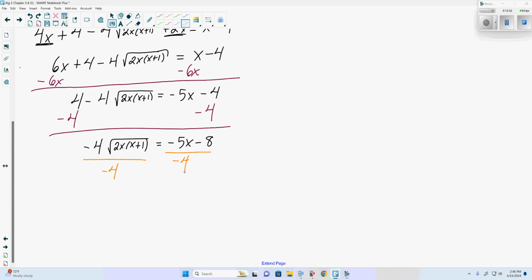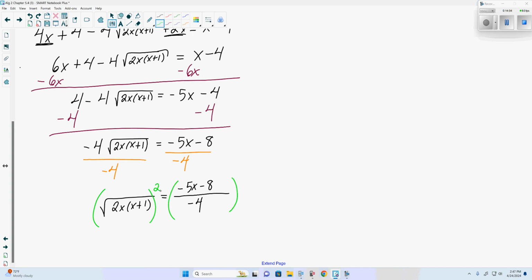Either works. It's because it does work out that we can leave the 4 there, but it's going to be a little bit easier-ish to move it over. Because our main goal is to get the radical by itself. Did we get it by itself? No. Radical by itself, so we're going to put both sides to the nth power.